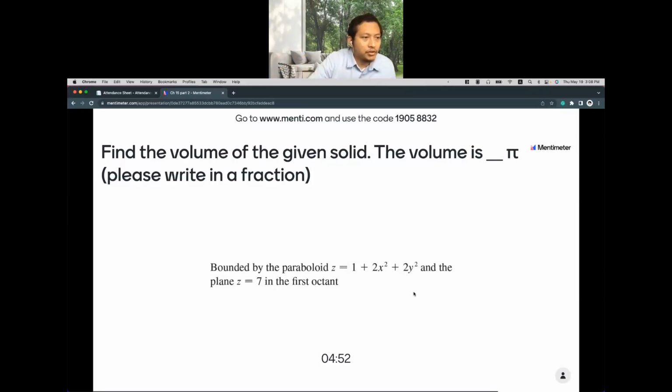So remember, you don't need to write the pi. You just write the number, and if it's a fraction, write it as a fraction.